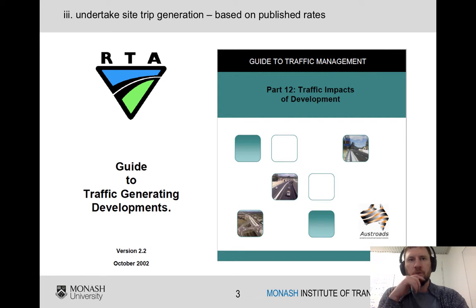So first of all, one of the easy ways of doing it is to base your trip generation on published rates. The RTA has a guide for traffic generation development.